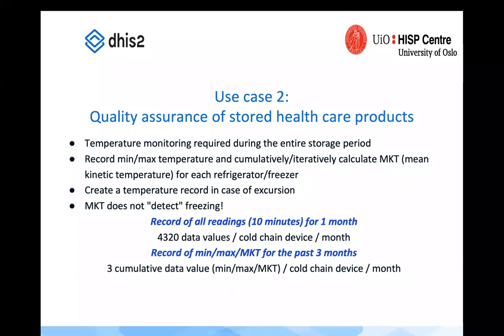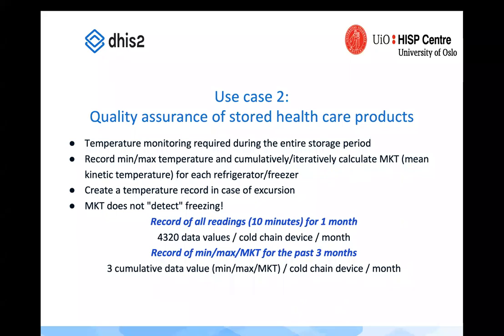So quality assurance, it's also important to have a record of the temperature throughout the lifetime of drug products, ideally from the manufacturing site until the child is vaccinated. So we would cover part of that. So you monitor the temperature every 10 minutes, you have a record, you can record the minimum, maximum temperature, let's say, of the day, the number of alerts per day, and then keep a permanent record, because keeping a record of readings every minute, roughly calculated, will require like 500,000 data points per refrigerator, which is a huge amount on the server.